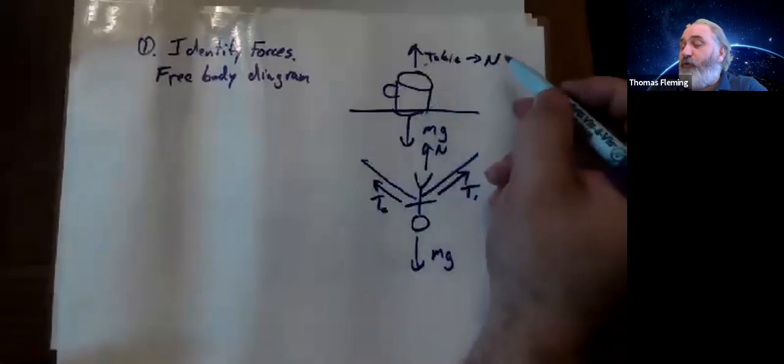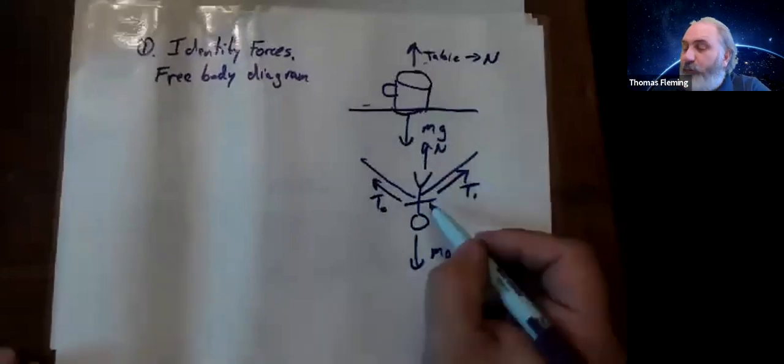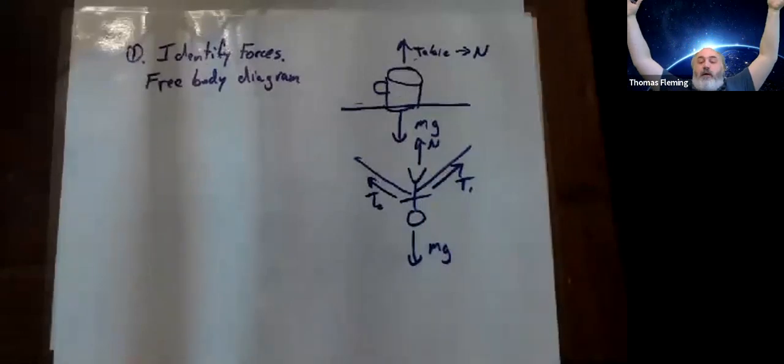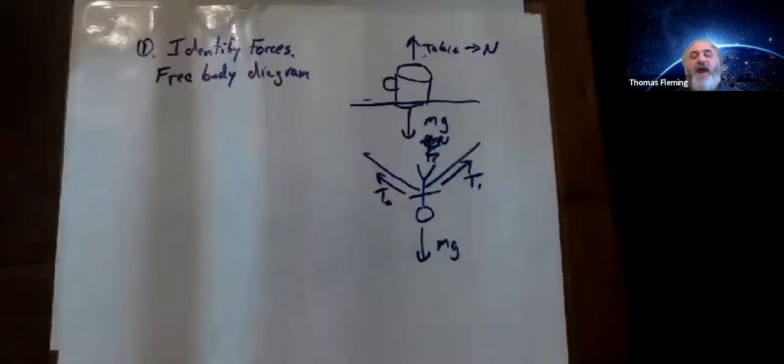The force from the table is perpendicular to the table. So if the table's flat, perpendicular is straight up. That's why it was straight up. But here, the Rhino is being suspended in the air, which means he's not touching the ground. So what's the normal force going to be from? Nothing. So it was incorrect for them to include that force.